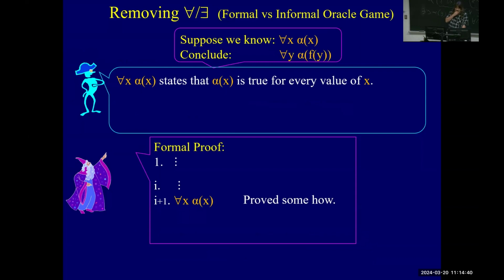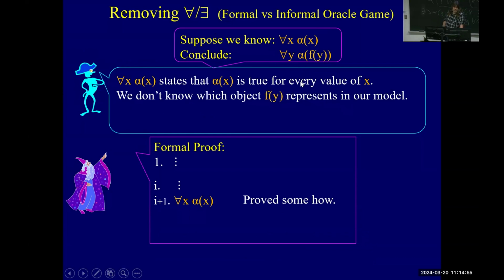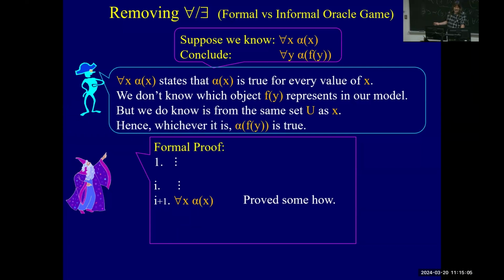Now, here, can we go from for all X to for all Y f of X, f of Y? Yeah. Again, I don't know what Y is, so I don't know what f of Y is, but it's some object.